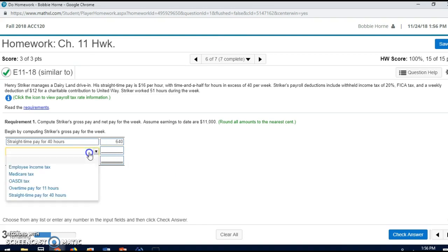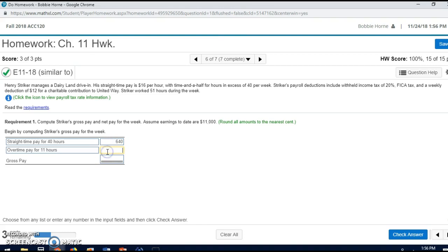And then overtime pay for 11 hours, you would do the 16 times 1.5, that's time and a half. 16 times 1.5 times 11, which would be 264, so your gross pay would be 904.